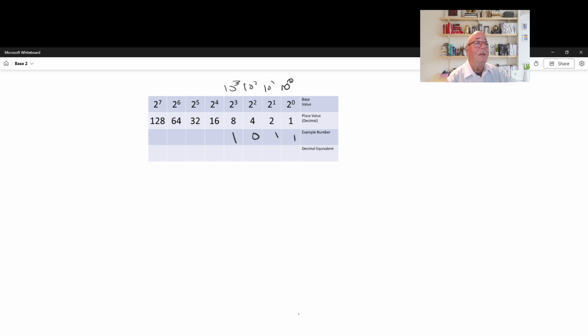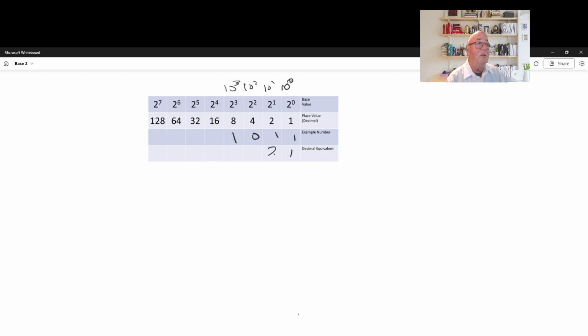So let's go down and do this. We go from the right to the left. We got a 1 in the 2 raised to the power of 0 column, or the 1's column, I should say. So that number's 1, and we see that in the 2 raised to the power of 1, or the 2's column, there's a 1, so that's 2.